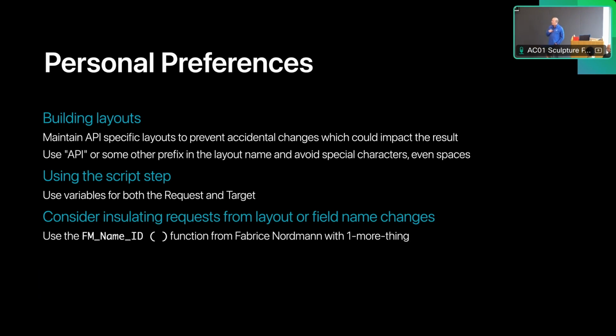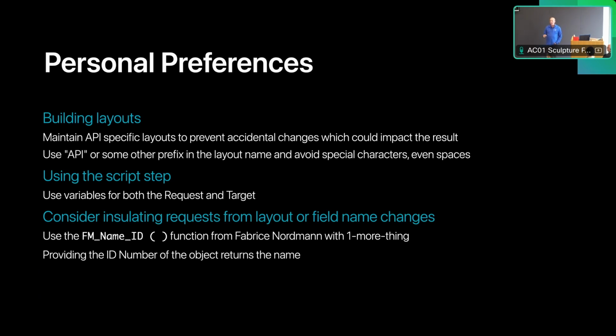Now, the method that I use is a NameID function that Fabrice Nordmann with One More Thing developed a number of years ago, that I continue to use. If you give the function the name of the object, whether it's a layout or a field, it'll give you its FileMaker ID number, and when you pass it the ID number, it returns the name of the object.